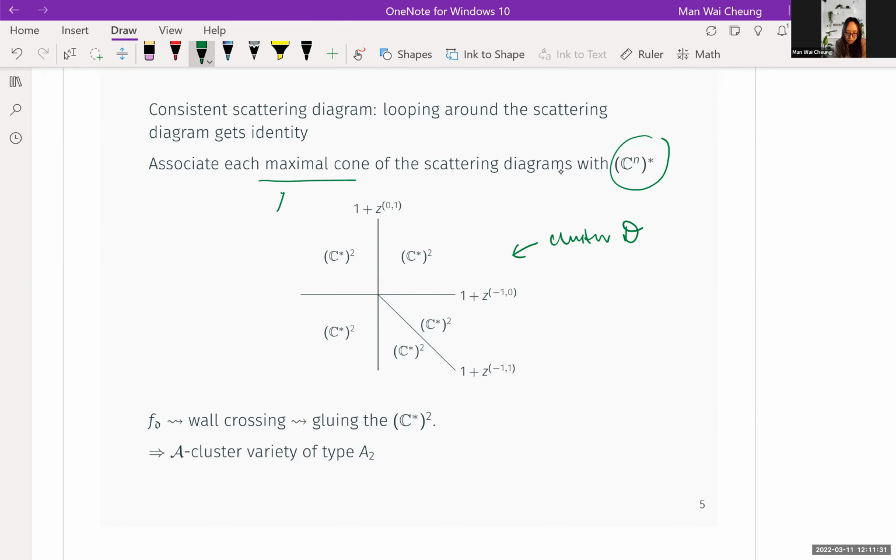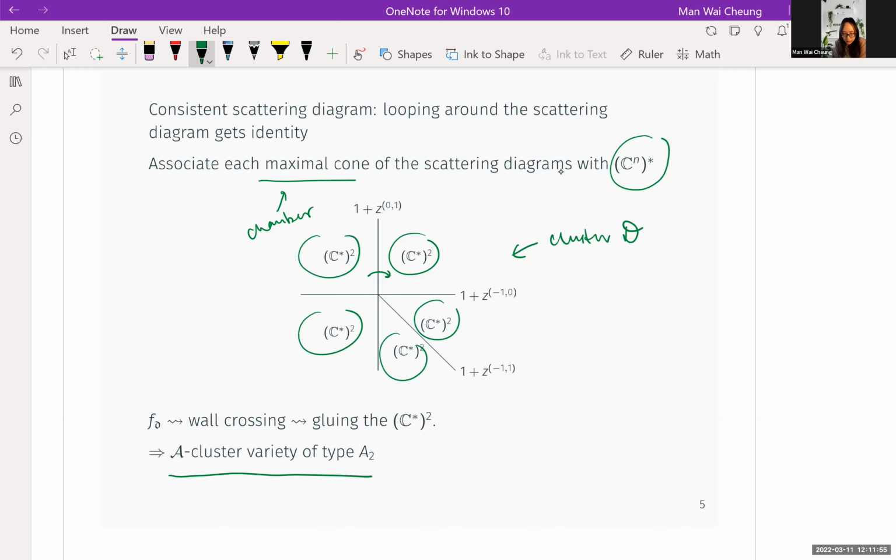Here we're going to call the maximal cone a chamber. In this example, we are gluing five tori together, and the gluing will come from this wall crossing map. And in this case, we'll get the A cluster variety of type A2.